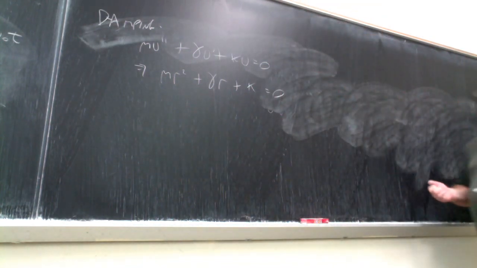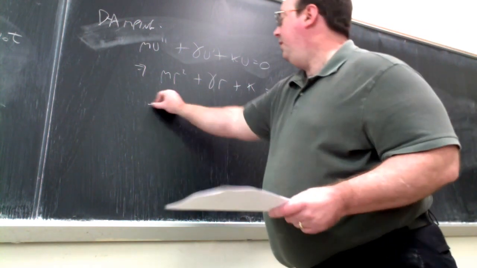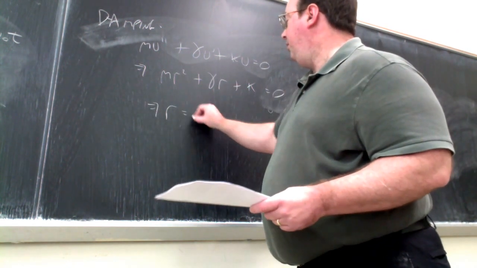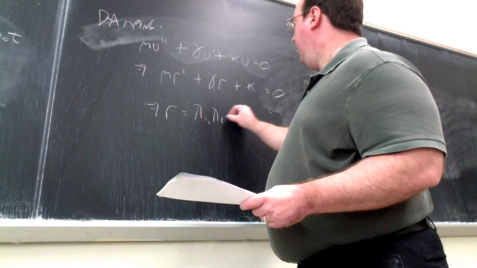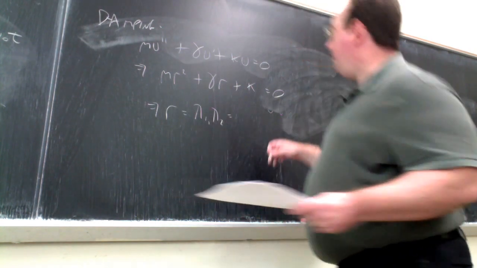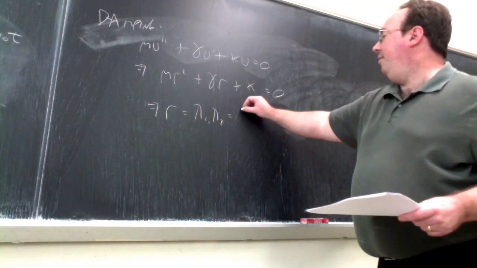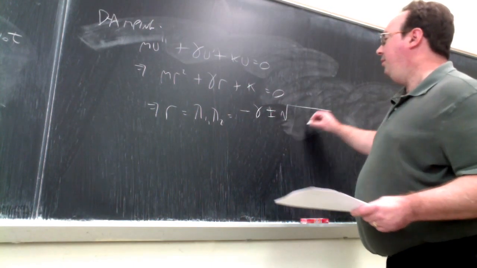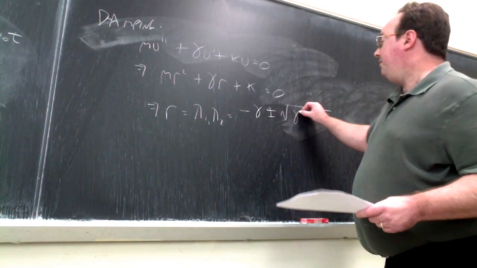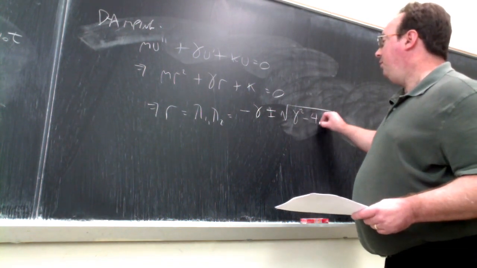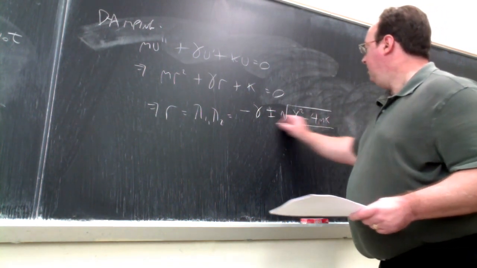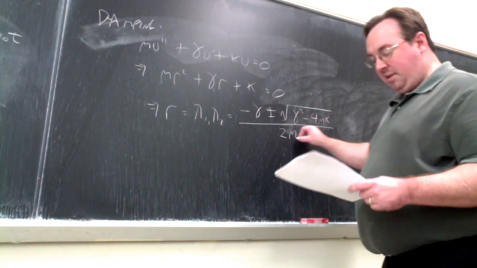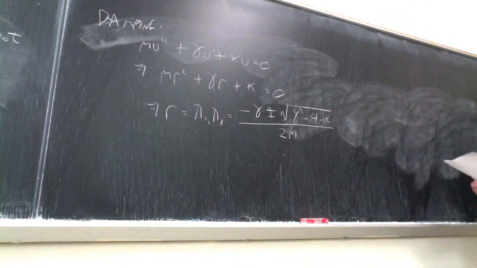And now you go ahead and solve for that using the quadratic formula. So your roots, lambda 1, lambda 2, turn out to be minus gamma plus or minus square root of gamma squared minus 4mk all over 2m.